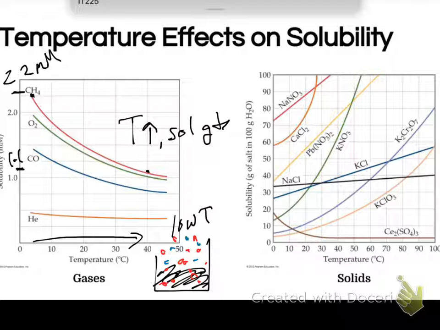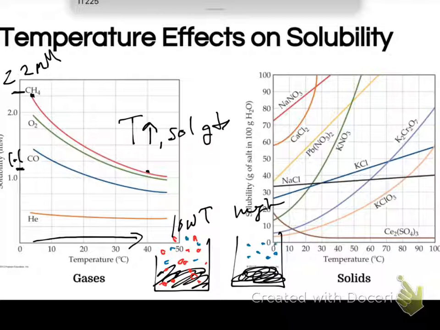If we heat up this flask, so high temperature, what's going to happen is you're adding more energy to the solvent, so you get many more solvent particles in the gas phase, and it's very, very crowded right over the liquid.